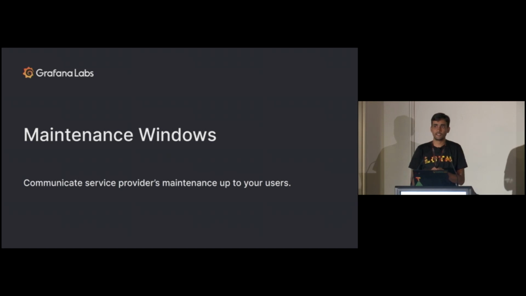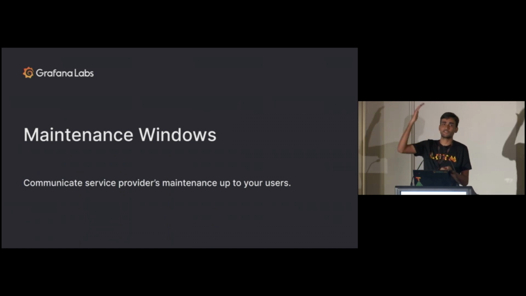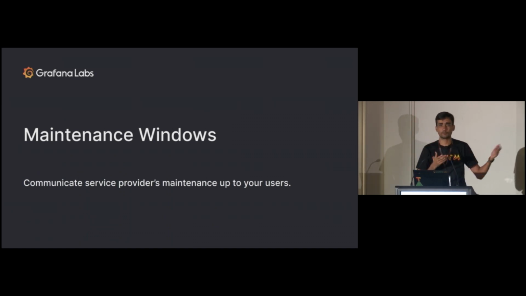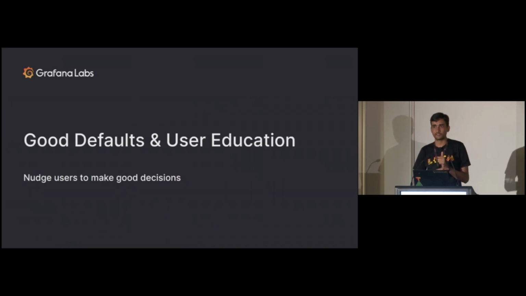So communicating that to your users is important, because sometimes it is inevitable that they'll see a network reset or packet loss or some other weird behavior, like latency shooting up, when a provider was doing maintenance. If you communicate that through your status page or however you want to do it, customers will know, okay, it's not my service that was degraded at that time. Builds that extra confidence.